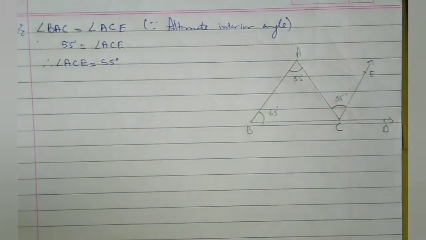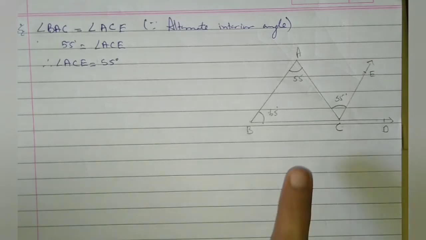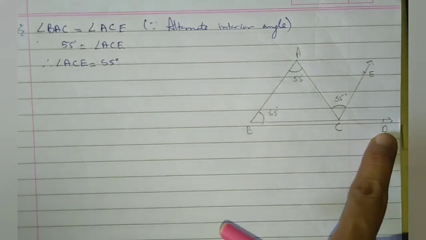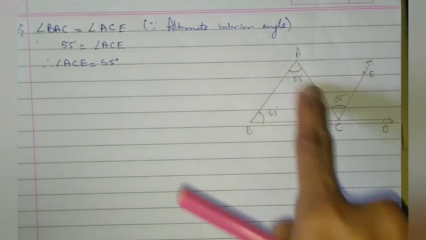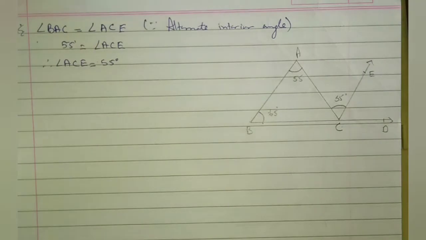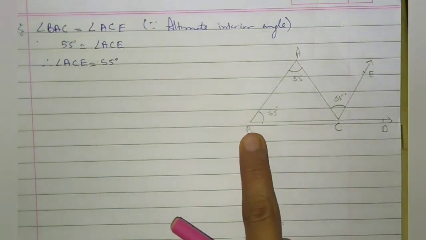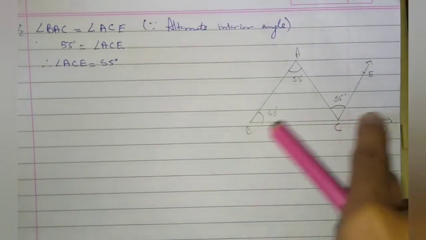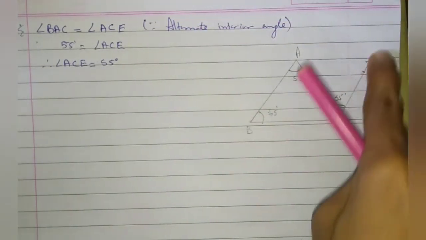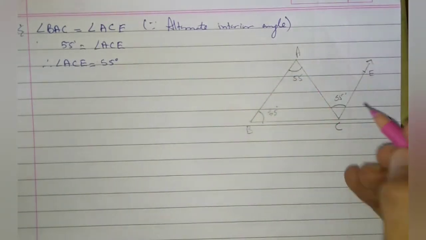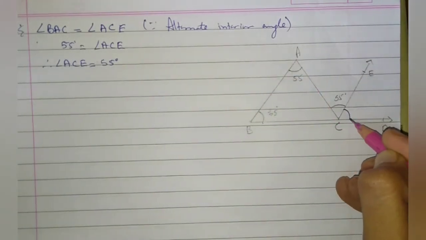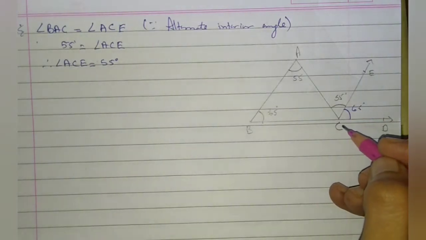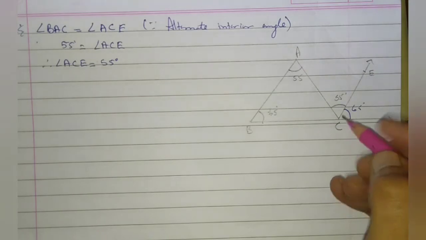Now one we had got. Another we have to find, that is ECD and ACD. Now here we can say that these two lines are parallel. Now this is transversal, forming F, right? So we can say this angle is 65. Why? Because forming F means corresponding angle.